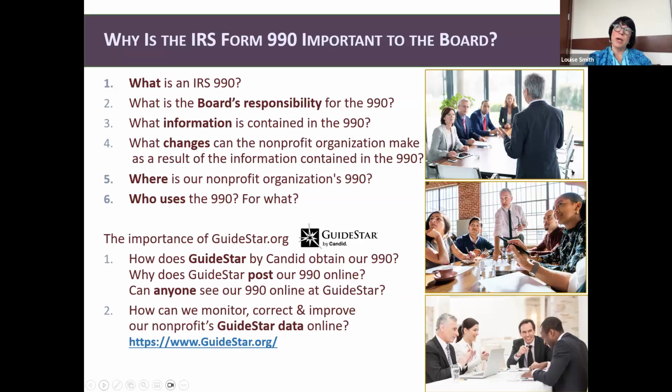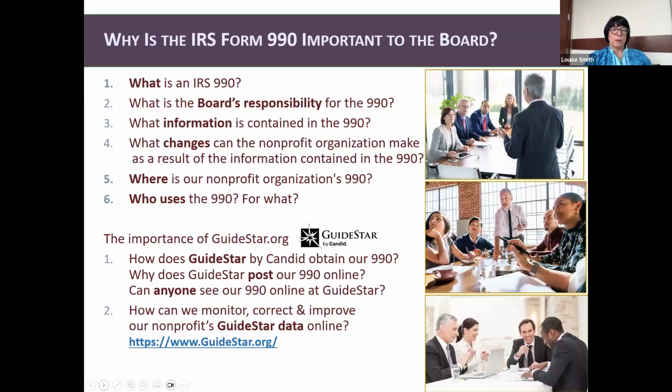You want to be as competitive as possible when someone uses GuideStar to ask, who should I donate my money to? You want to be as transparent as possible and give as much information as you can on GuideStar. So someone in your nonprofit organization should be responsible for that, whether it's the executive director or the fundraising person under the ED's direction, etc.